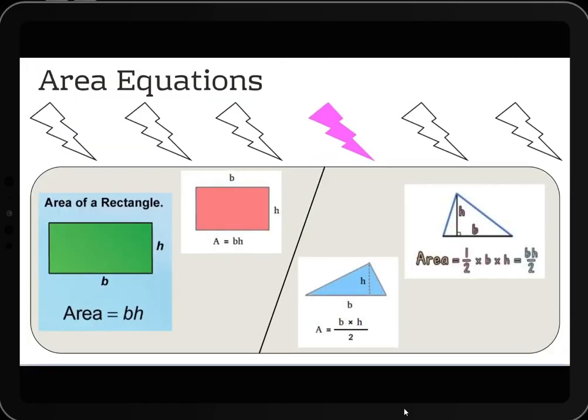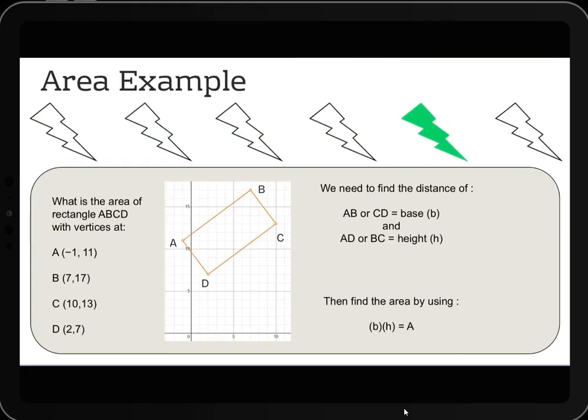The second part is the area portion of the lesson. Here, I remind you of the area formulas of a rectangle and a triangle, right? Base times height, or half base times height. So we're going to apply that to a problem like this in the coordinate plane. We have a rectangle in the coordinate plane, and the vertices are listed out on the left there.